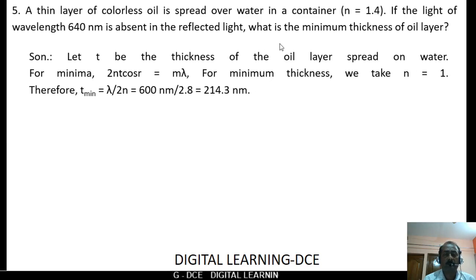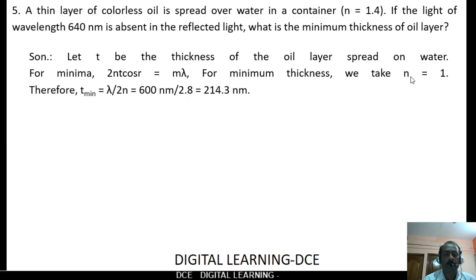For minima, he asked what is the minimum thickness. For minima in thin film interference, the formula is 2nt cos r equals m lambda. For minimum thickness, we take m equals 1.